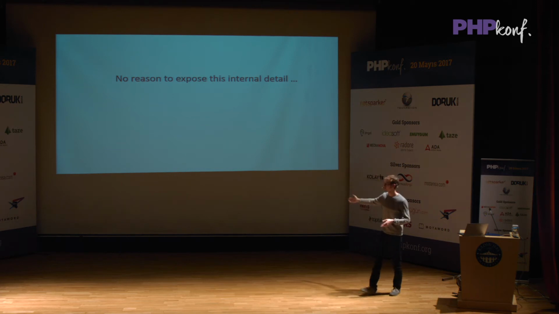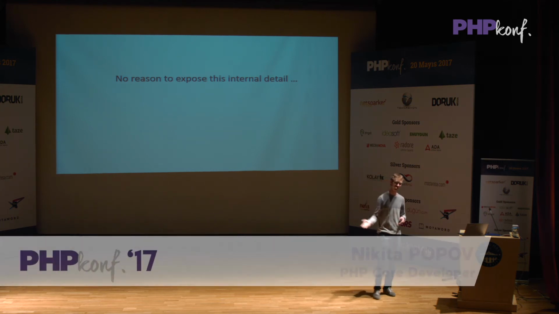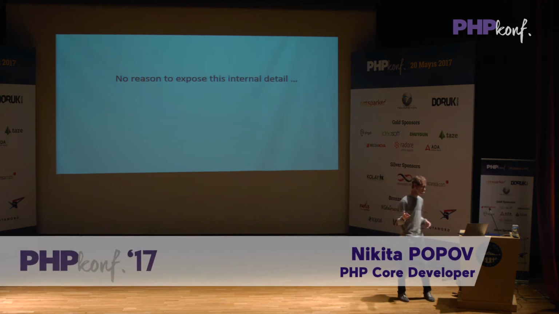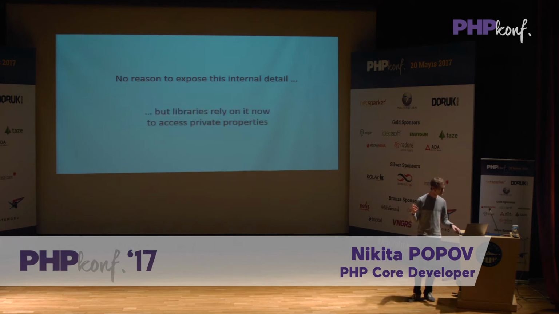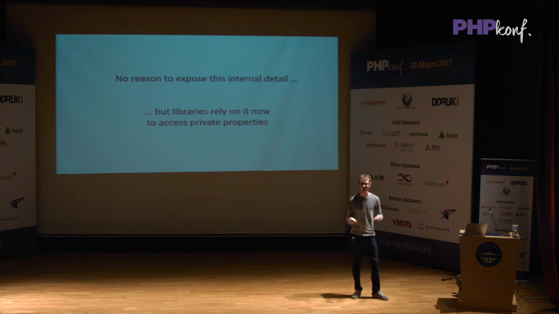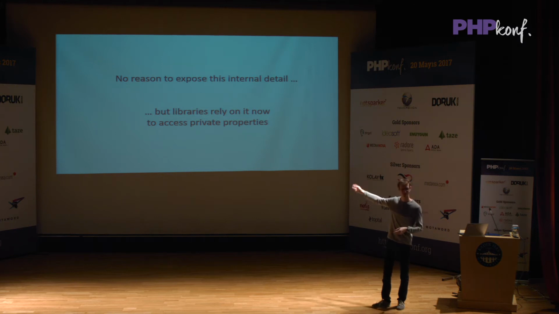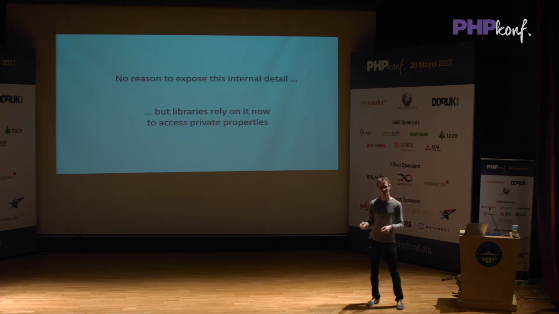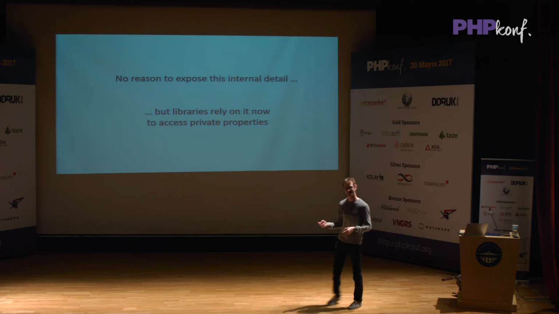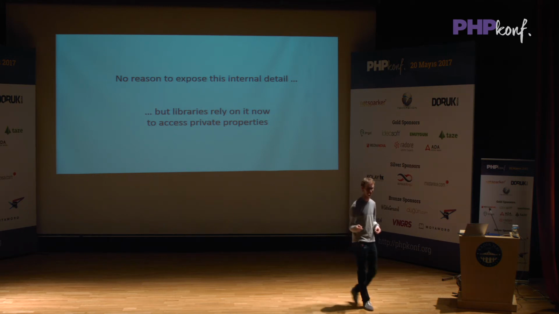But at some point, someone implemented it this way. And then some libraries, like I think Doctrine, started using this as a feature because it gives you a fast way to access private properties. Doing this array cast is a lot faster than creating a reflection object, getting the property from there and overriding the private modifier.